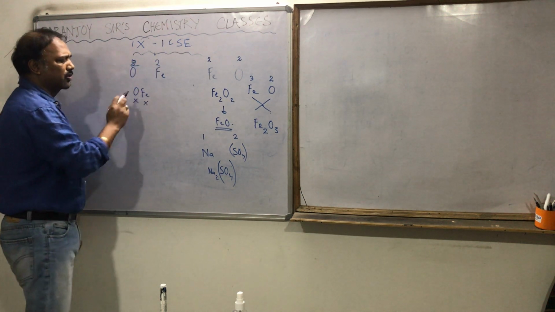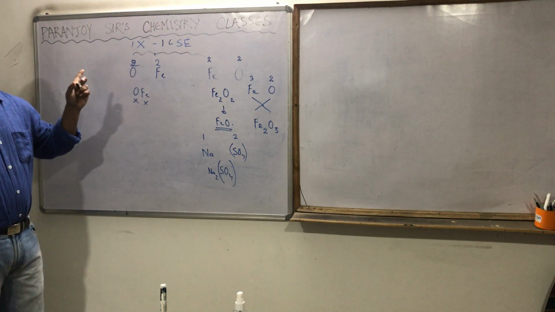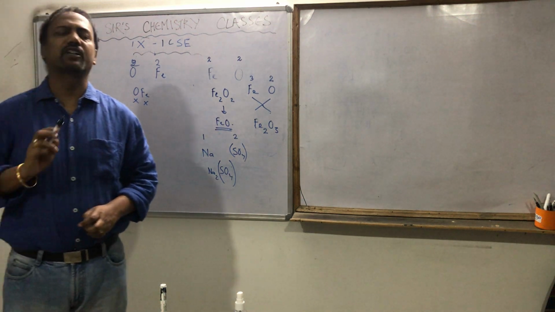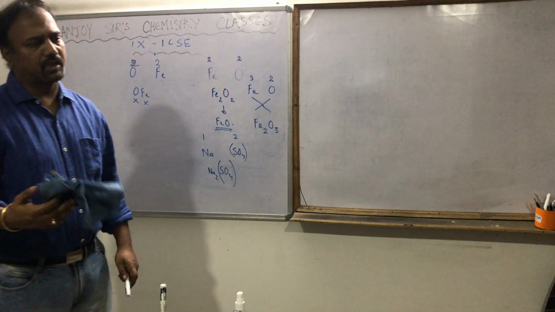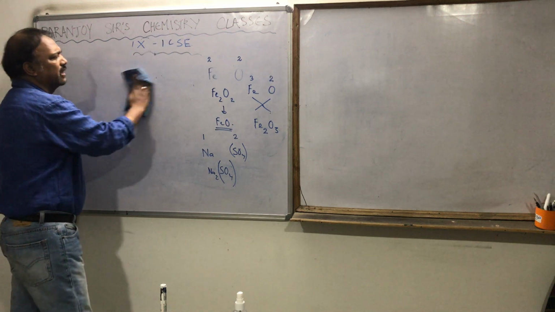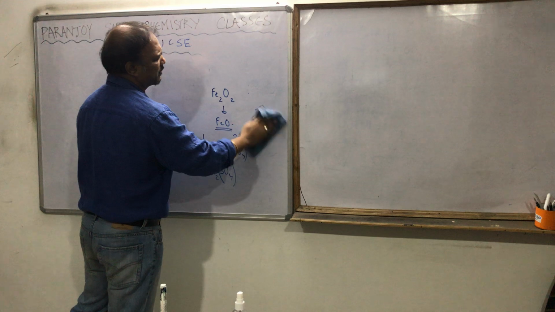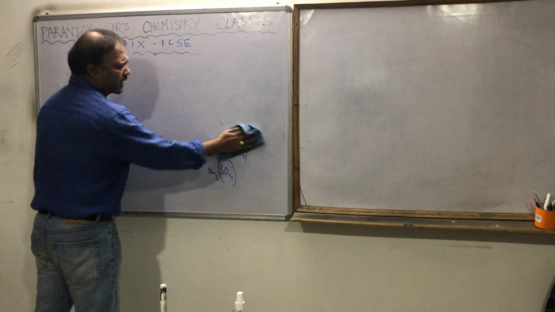Why not? Because oxygen is a non-metal here, iron is a metal. So iron, the metal, should be written first, then the non-metal. Any metal that is there must be written in the beginning. Obviously some exceptions are there that we will see afterwards as they come. At this moment you should know this.